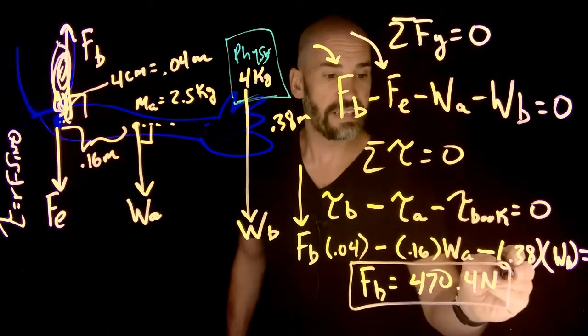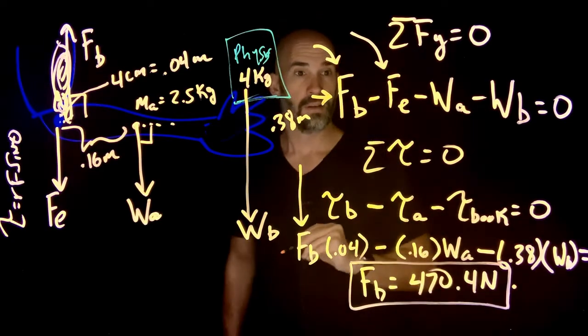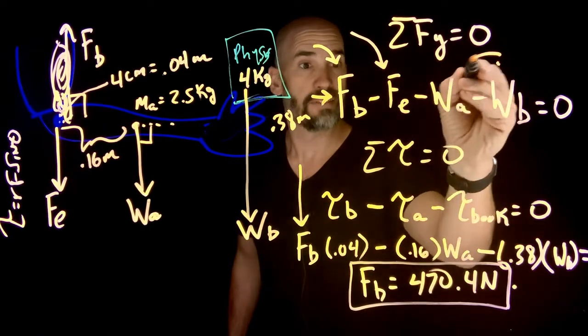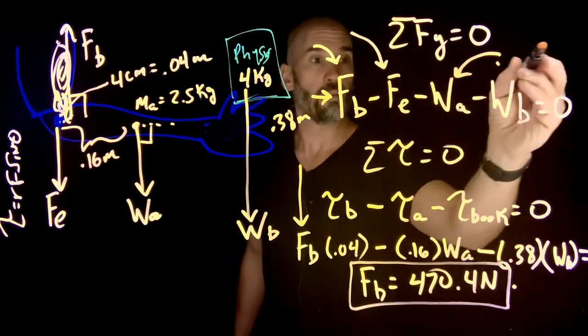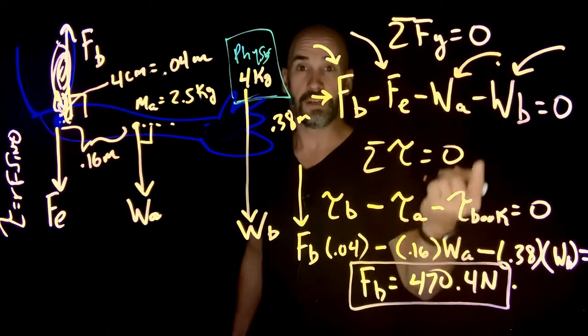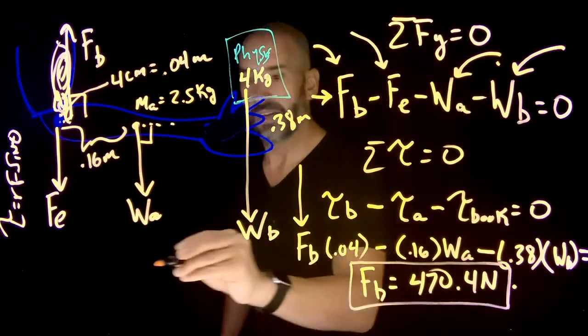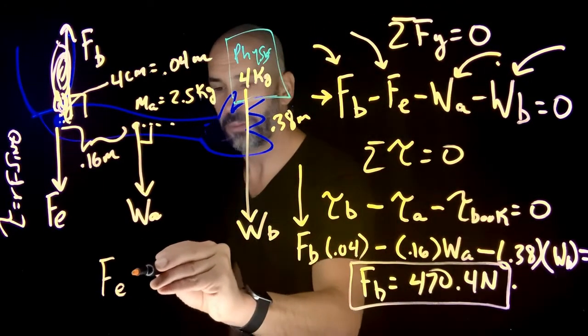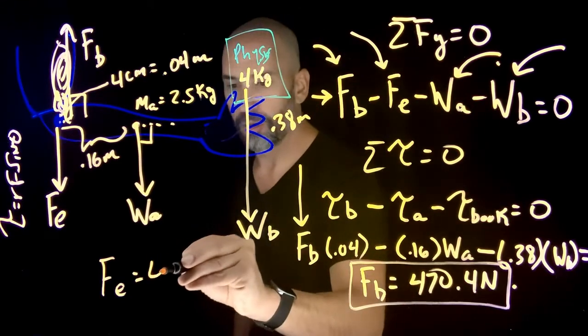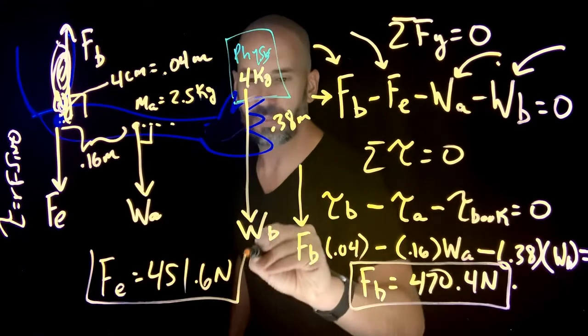Well, I can now just take this, put it right in here, because I just found it. And then I know this. We calculated the weight of the arm and the weight of the book. And I solve this equation for Fe. When I do that, I find that I get an Fe, the force of the elbow, of 451.6 newtons. I encourage you to check me on that.